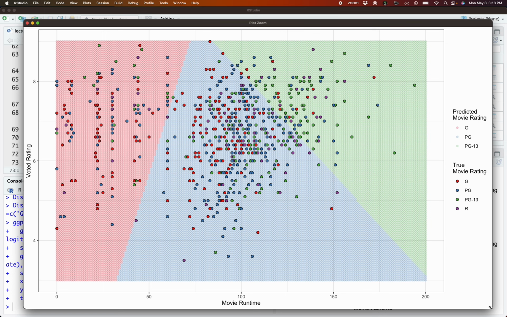So you might look at this and say, well, this maybe isn't a great predictor of a movie rating, right? The ratings versus the run times. And you can probably discern that from looking at the distribution of the actual data points in here, right?